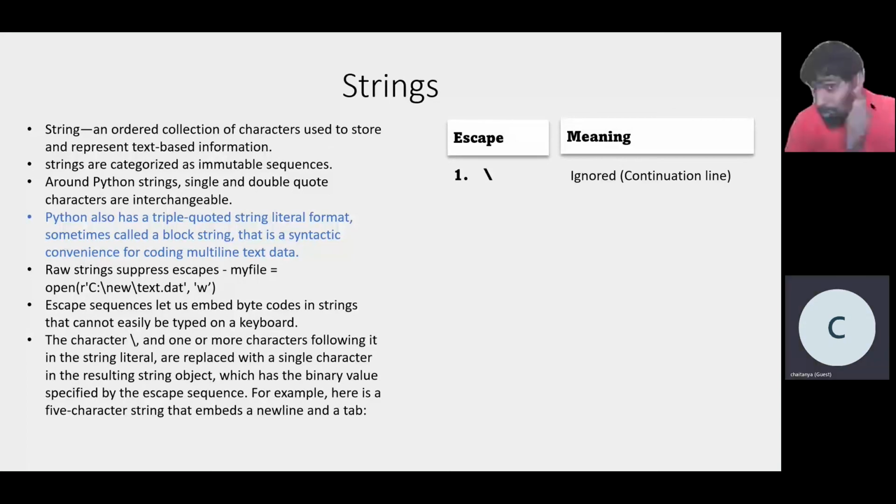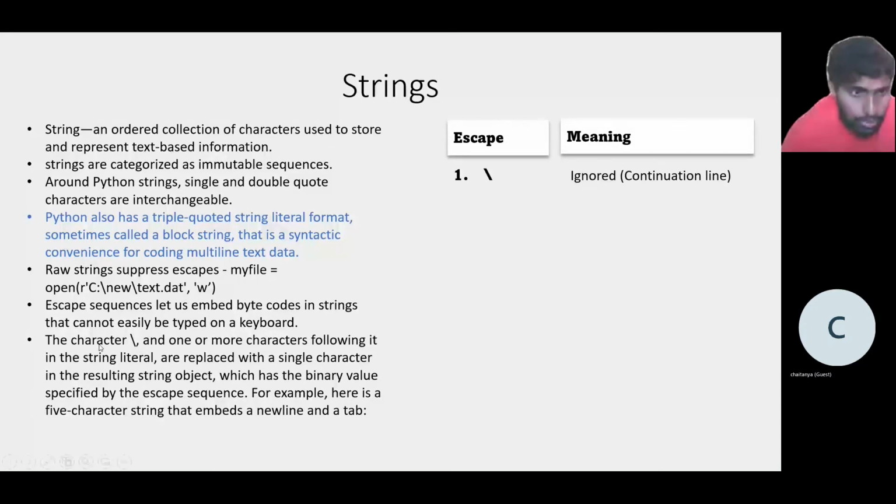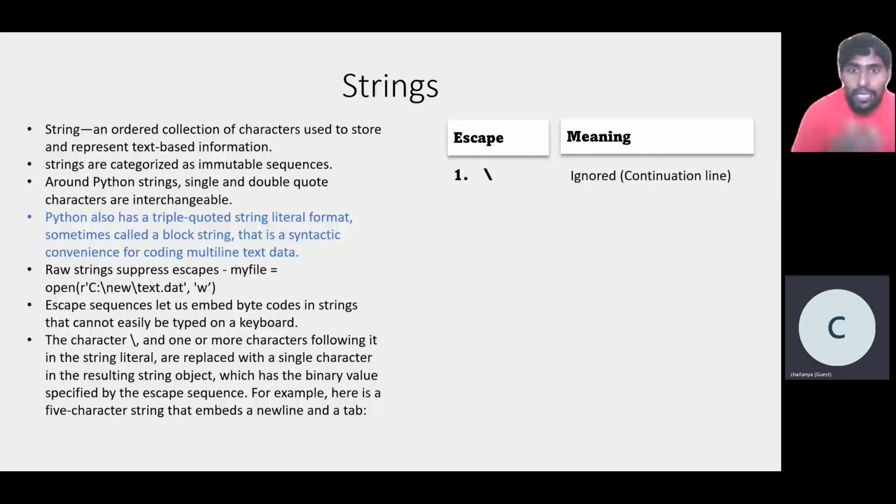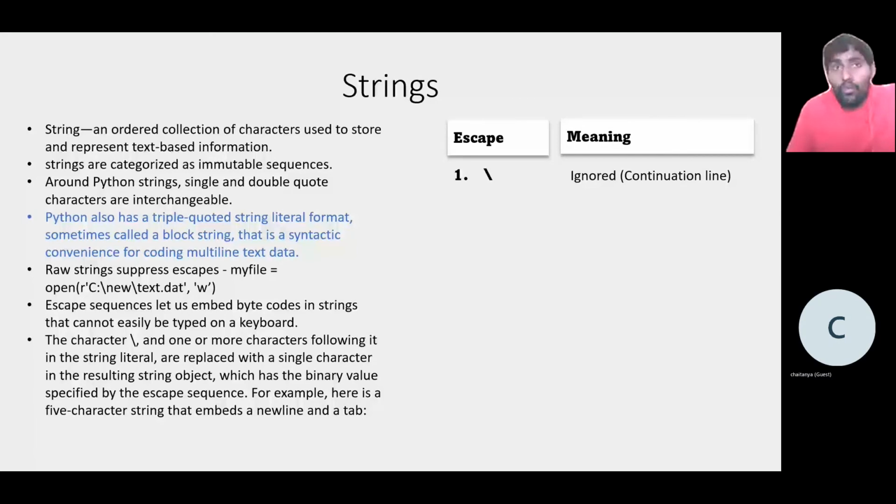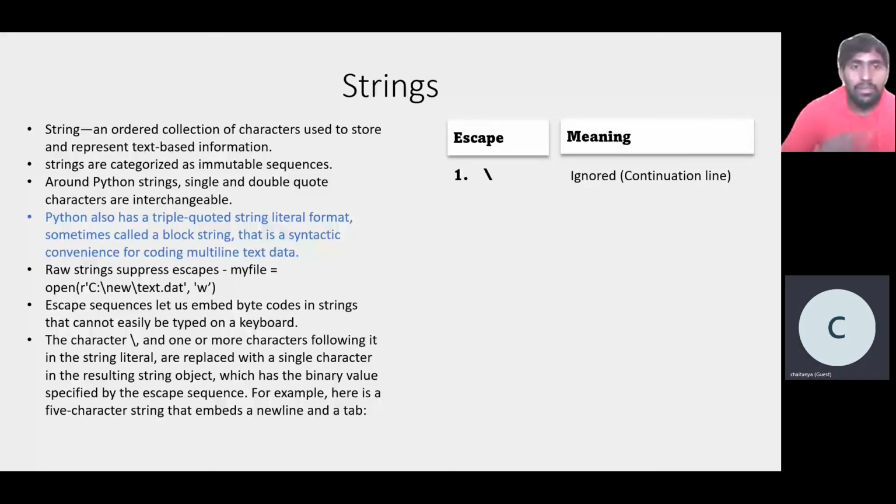Here, if you give C:\new text.txt, then it doesn't take it as a path, because when you give a single backslash, it will ignore it and take it as a single line. Then how can we access that file? That's difficult. For that, they made another object, that is the raw string. That is the benefit. Now it's clear, right?